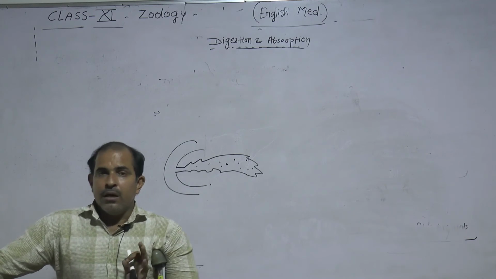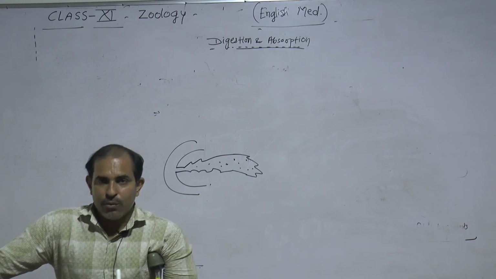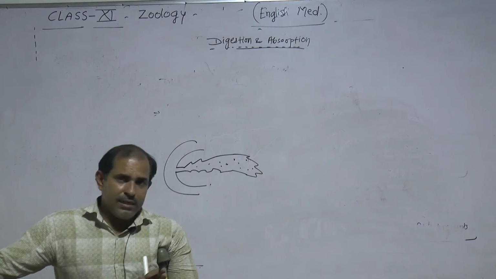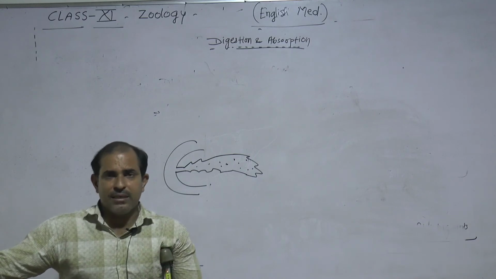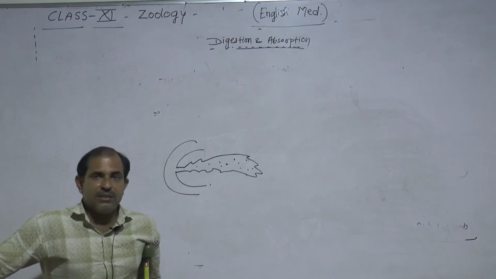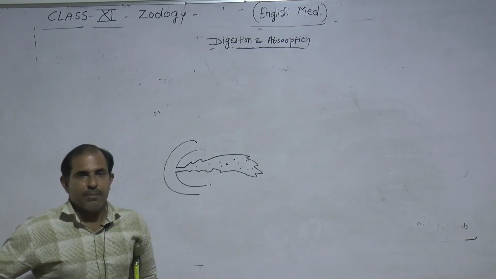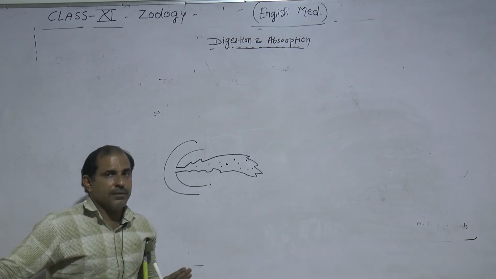It means enzymes and hormones both are secreted by pancreas, and the pancreas is the second largest gland of the body.